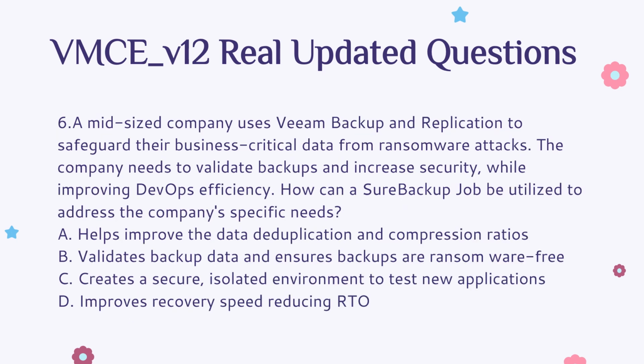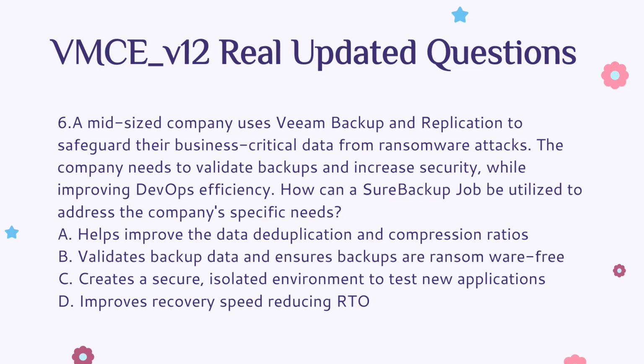6. A mid-sized company uses Veeam Backup and Replication to safeguard their business-critical data from ransomware attacks. The company needs to validate backups and increase security, while improving DevOps efficiency. How can a SureBackup job be utilized to address the company's specific needs?